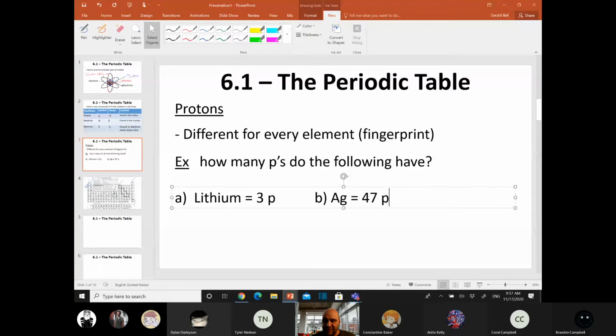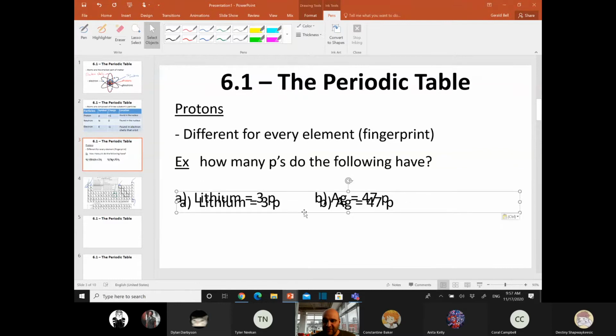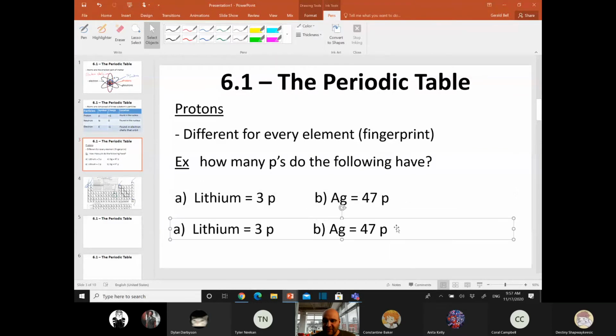So the point is here that if you find an element that has 47 protons, it's silver. If you find an element that has 3 protons, it's lithium. That's how we tell them apart. If you travel to another dimension where they had particles and you found something that had 47 protons, it would still be silver. So there's an important term we use. It's called the atomic number. And that tells us how many protons there are. And this was a definition in our textbook.